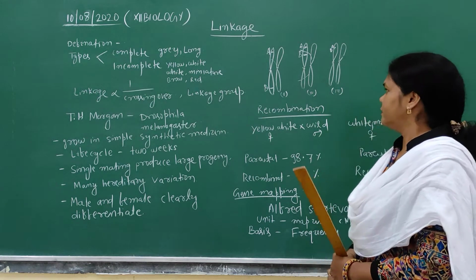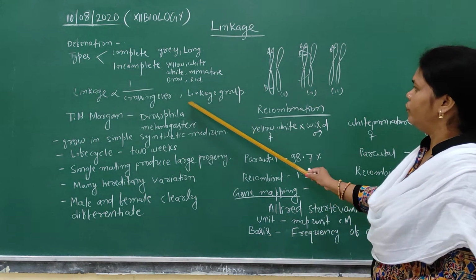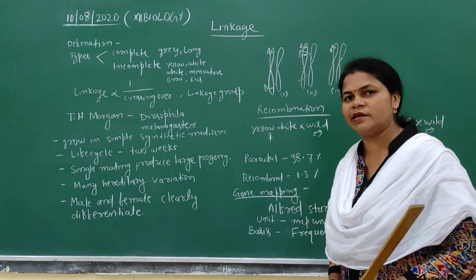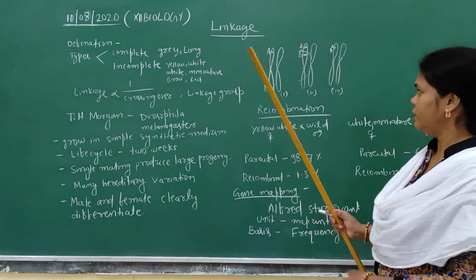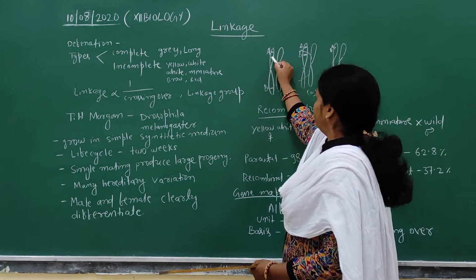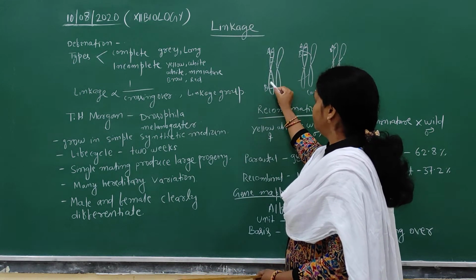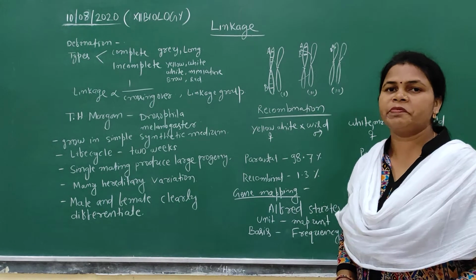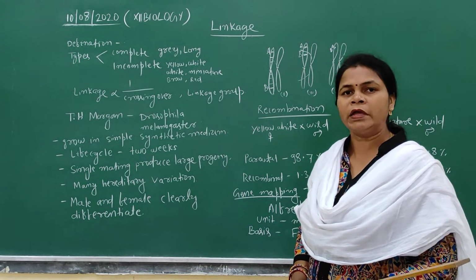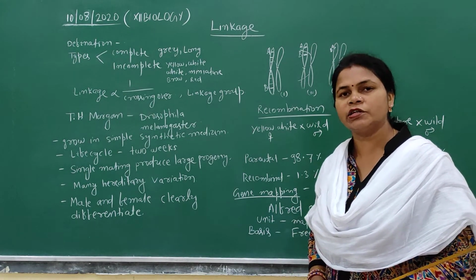Clear? The next is the linkage group. What do you mean by linkage group? Linkage group means the genes present on the same chromosome. Suppose this is a gene present and other genes are also present. All the genes present on the same chromosome are considered a linkage group.